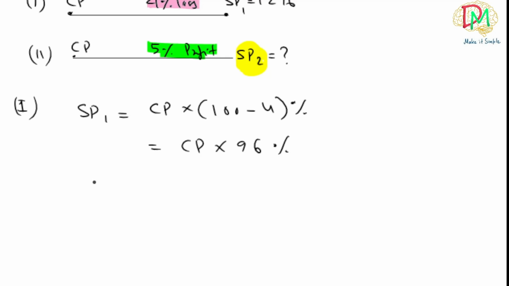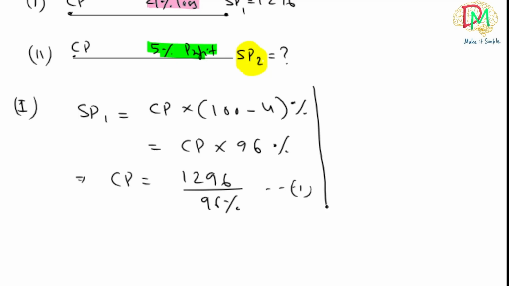So from here CP is equal to SP1, which is given, so we replace the value: 1296 by 96%. This is the first equation.